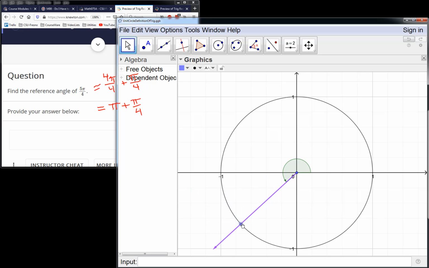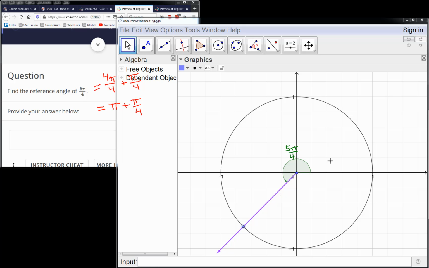I just have to use a lot of action. So I go another pi over 4. So this green angle here is a picture of the angle 5 pi over 4.